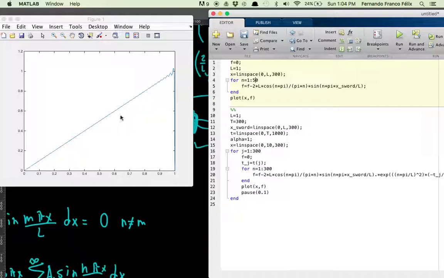I was thinking, what does the approximation look like? Yeah, with 50 terms it looks less good, and let's just go to an extreme and take just 3 terms. This looks nothing like x, but as we take more and more terms, you can see how it approximates the solution better.